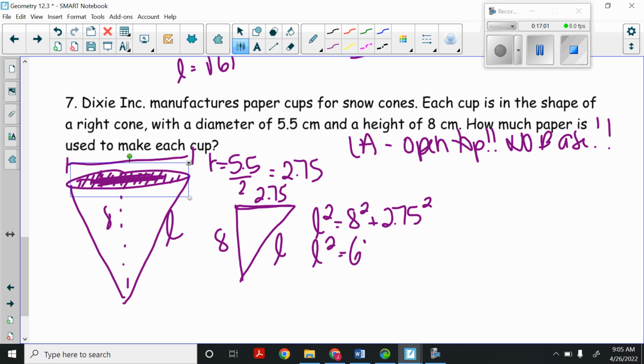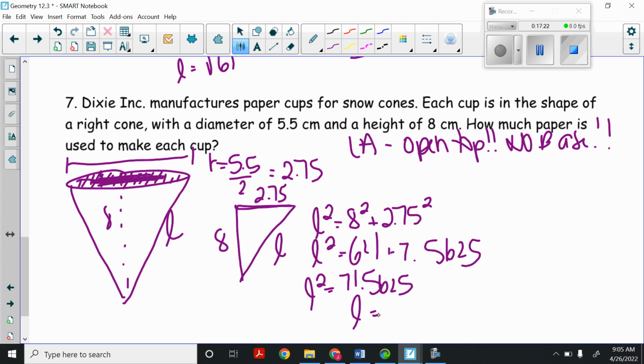L squared equals 64 plus 2.75 squared, which is 7.5625. Add 64 to that, so I get that L squared is equal to 71.5625. Take the square root of that, and I get L is about 8.4595.